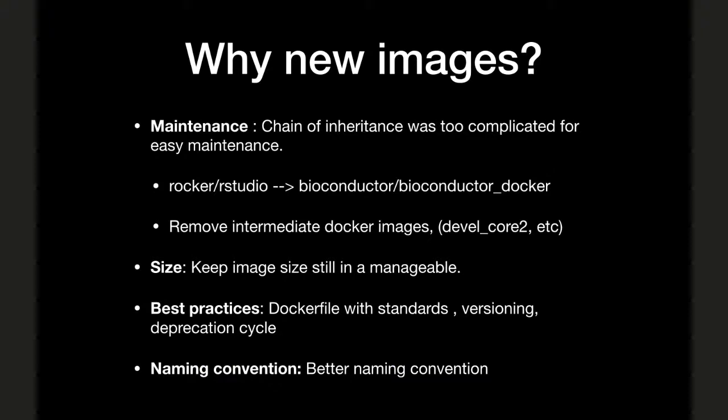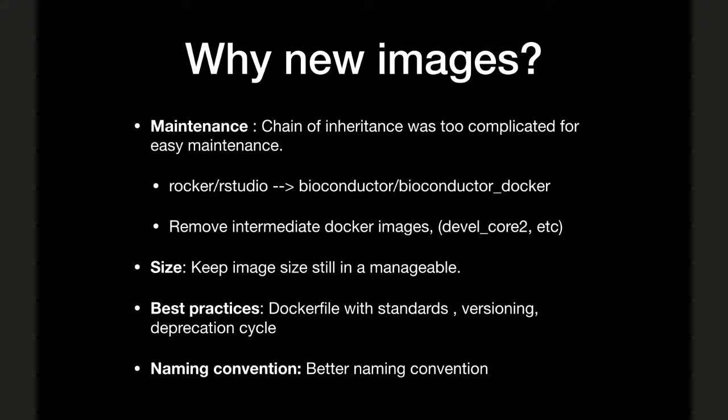And we also implemented a ton of best practices in the way the Dockerfile was written. So we followed best practices from Docker, and we also have a versioning system for the Dockerfile. And for any community contributions, we've implemented a deprecation cycle and basically a convention which is similar to how the packages work.